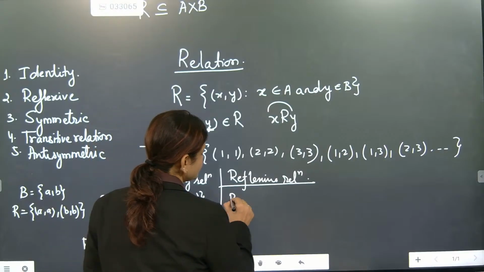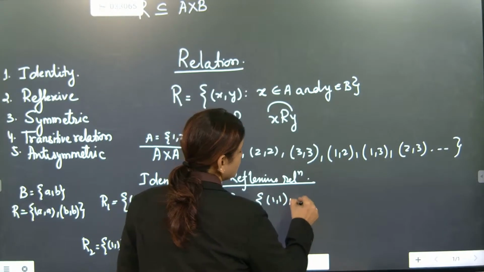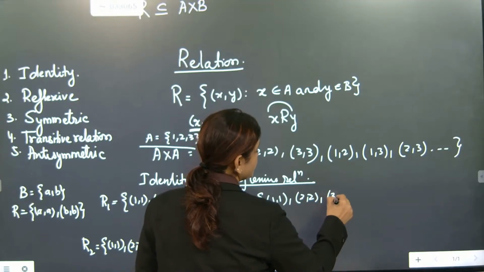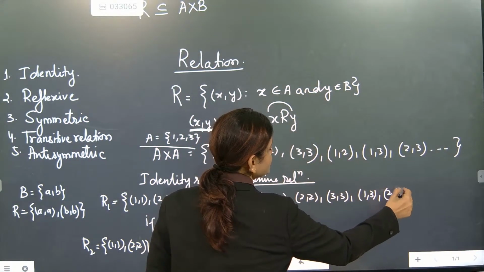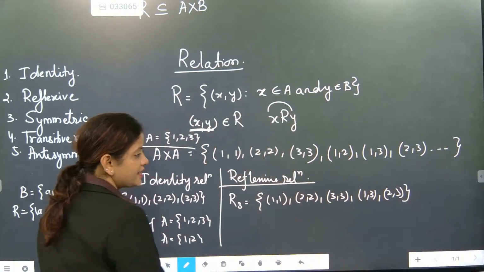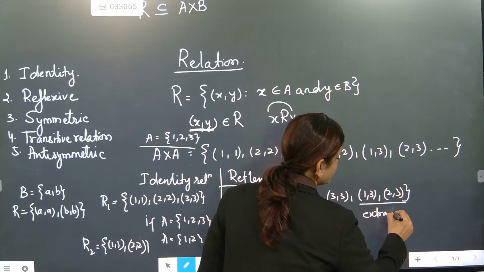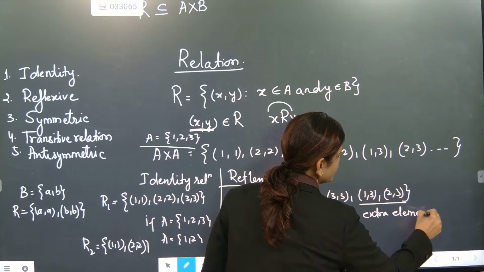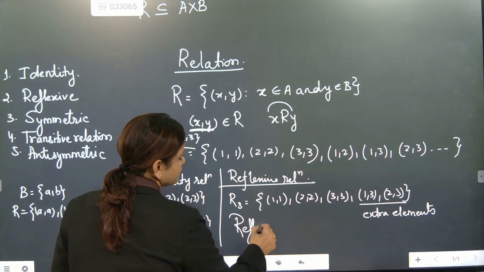If the relation is written as 1 1, 2 2, 3 3, and then 1 3, 2 3, extra elements are present there. Then it will be called reflexive.